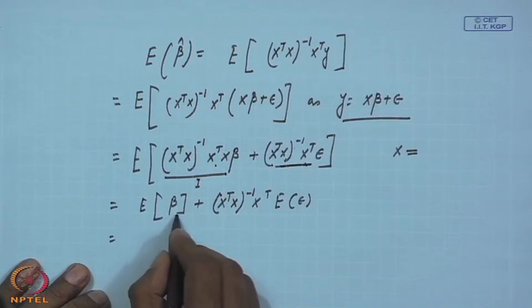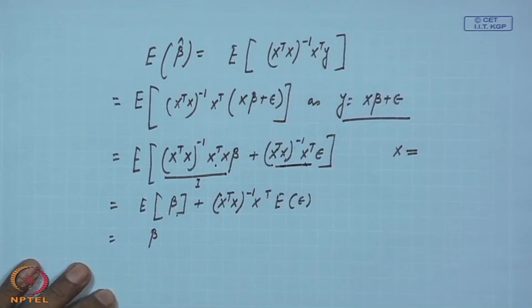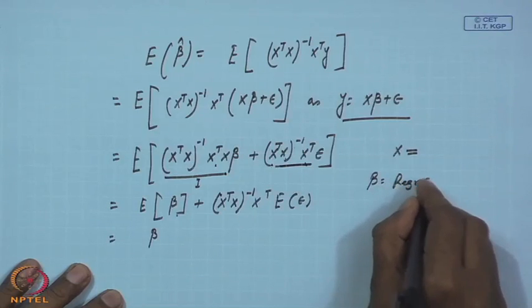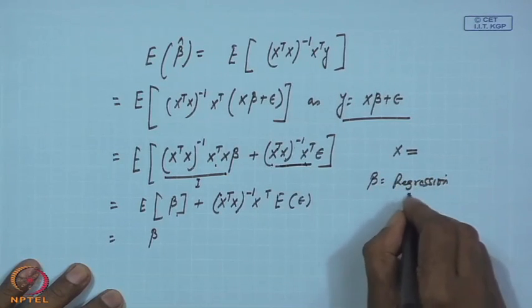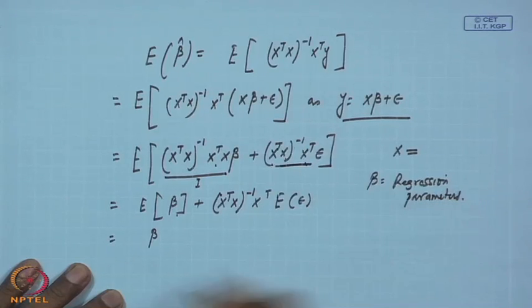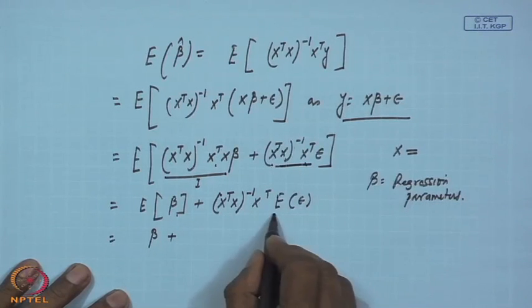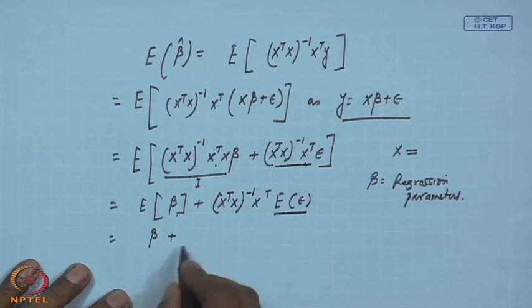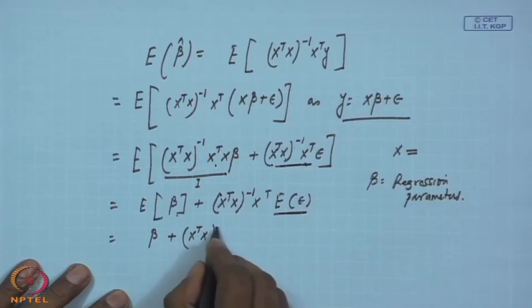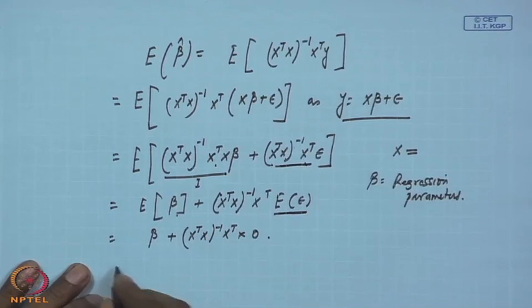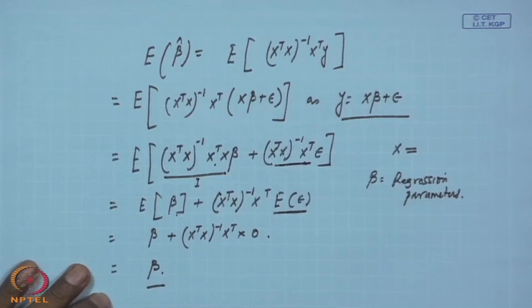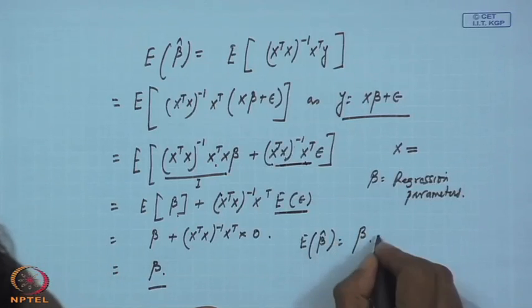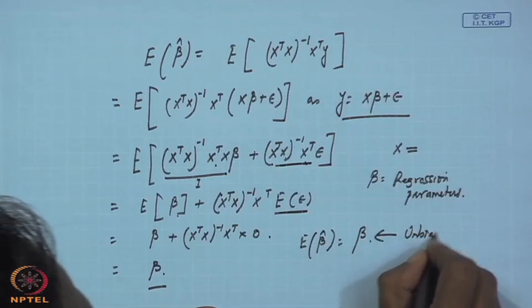Now, expected value of beta is beta, because beta is the regression coefficients. These are regression parameters or coefficients from the population point of view, that is constant, plus expected value of error is 0, that is our assumption. So, you will get x transpose x inverse x transpose into 0. So, this will become beta. So, it says that expected value of beta cap is beta, that is unbiased estimation.